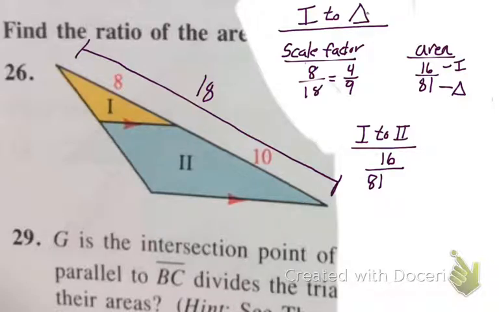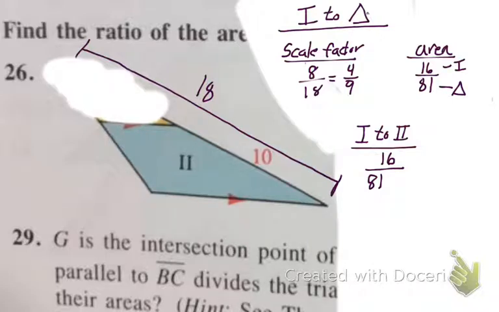So what Lauren just said is, right now I have 16 over the big triangle. What I want to do is lop this guy off. That gives me 2.